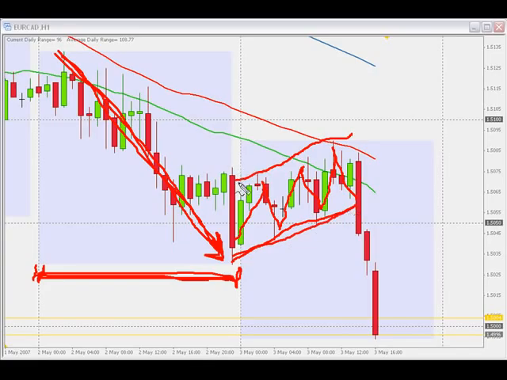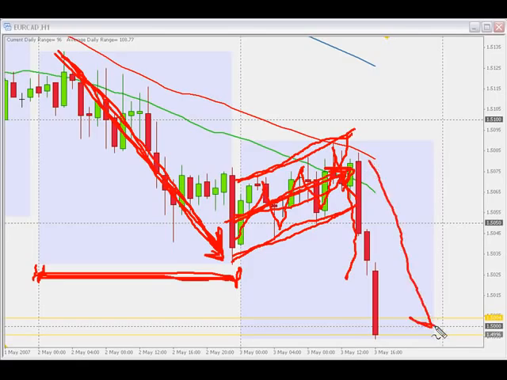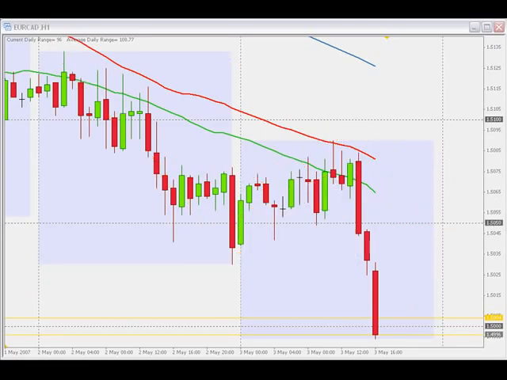This is a very common setup: a big thrust down in the previous day, a retracement during the overnight trading range, and finally when London volume kicks in around here, we see another thrust down in the direction of the main trend. It is a very typical setup.